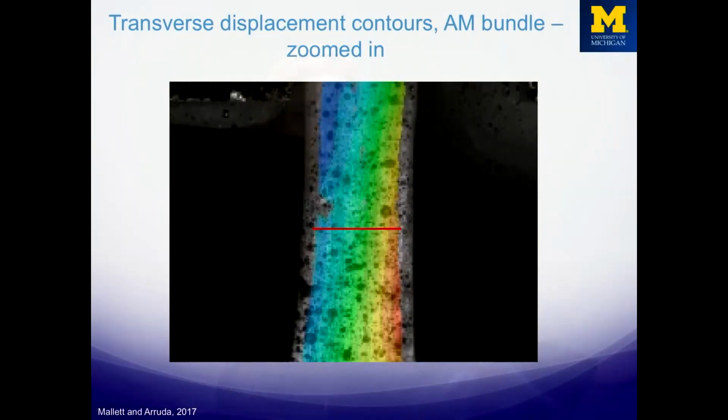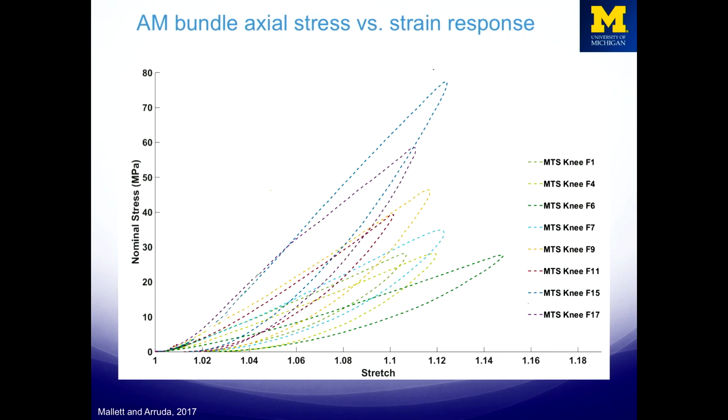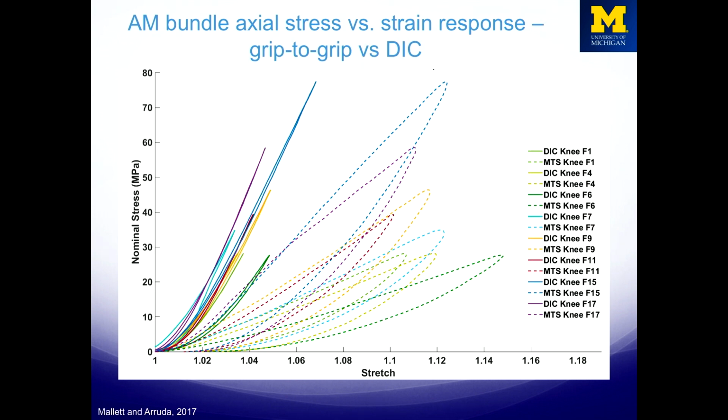But using this DIC data and just converting the tissue-level vertical contour information into strains, okay, we go from this, what we saw grip to grip, for the same 8 experiments, to this. Okay?